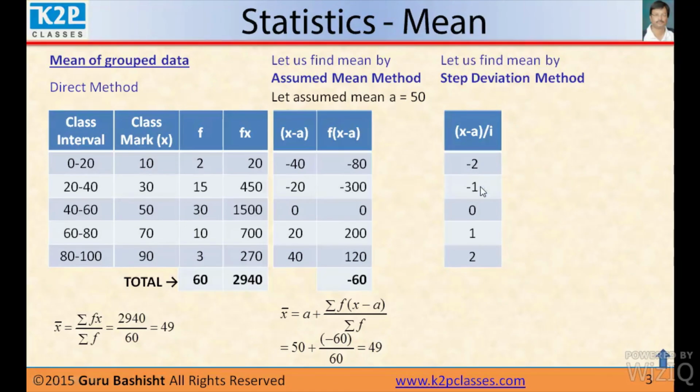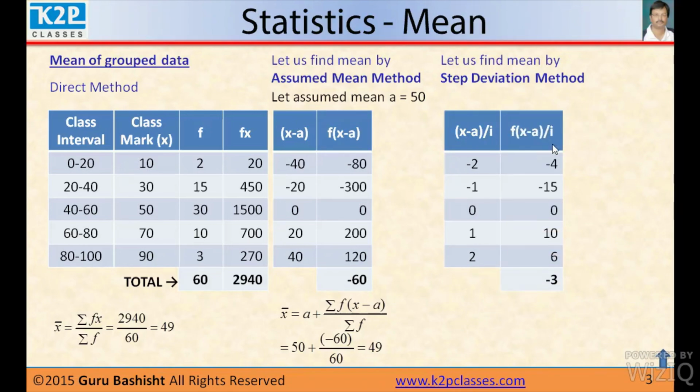So it is minus 2, minus 1, 0, 1, 2. Then f into (x minus a) by h: minus 2 into 2, minus 4. Minus 1 into 15, minus 15. 0, 20, 10, so the sum is minus 3. Here look, this number is again smaller than this one.